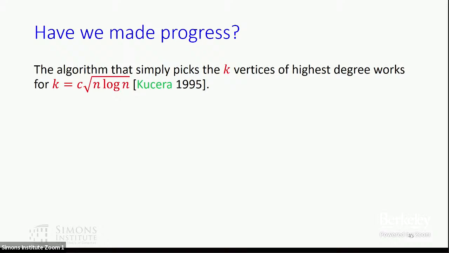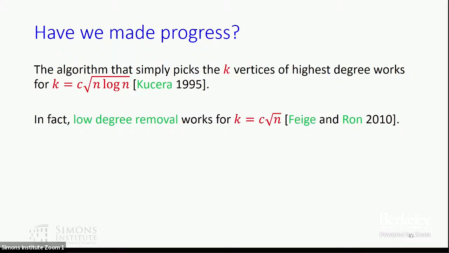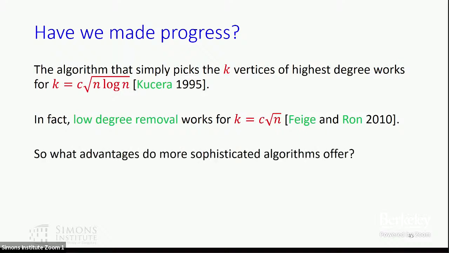A variation on it, working backwards, removing the vertices of lowest degree one by one iteratively, already finds the planted clique when its size is a constant times square root n. So algorithms that do not use any spectral graph theory or convex programming perform as well as the best algorithms that we know. It seems that we did not make much progress.